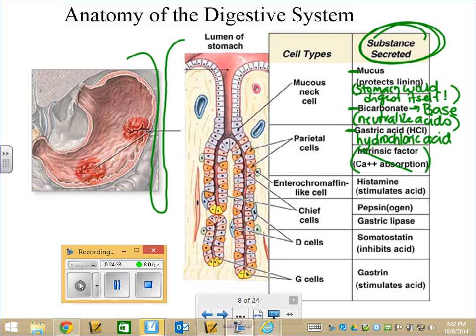A few of the other substances affect acid. So if you notice here, histamine stimulates acid. So does gastrin, whereas somatostatin inhibits acid. These are all substances that will stimulate your stomach to make more acid or tell your stomach to make less acid.